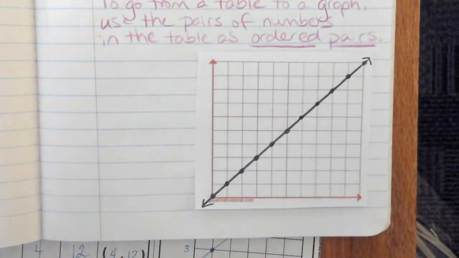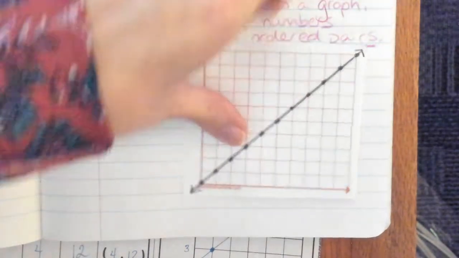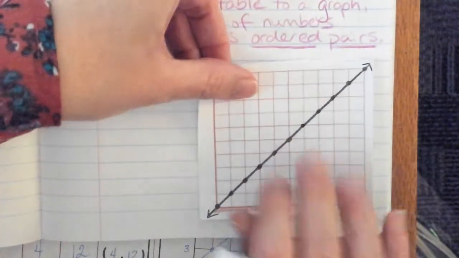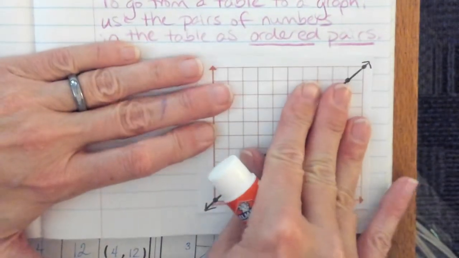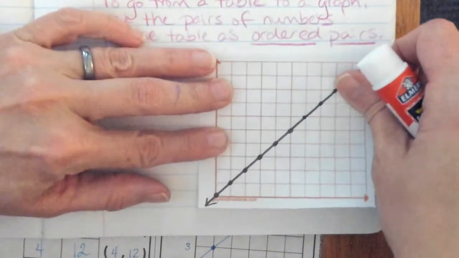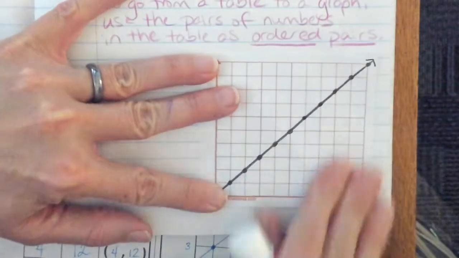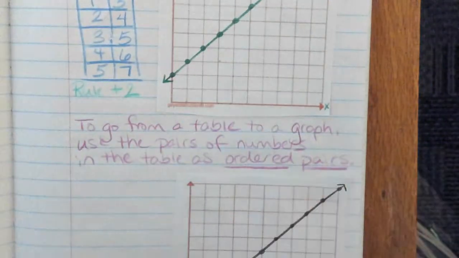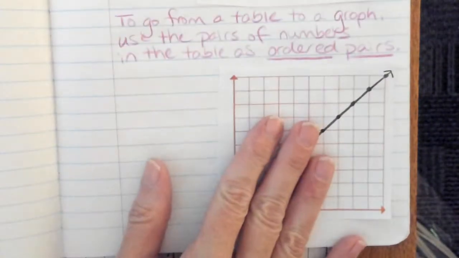So that is the graph that I've made, and I'm going to go ahead and glue it in. I'm going to put it a little bit closer up here so I can have some room down here. And honestly, if this wound up being bigger than that, if you need a second page, that's fine too.